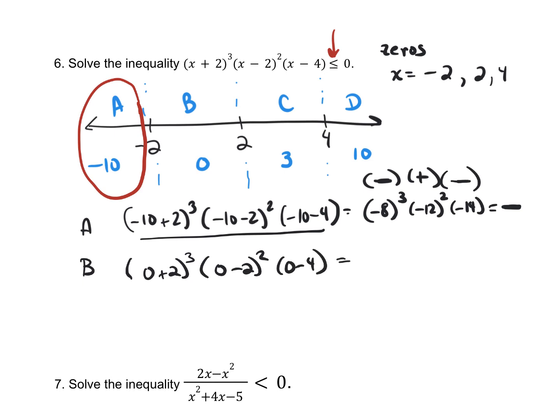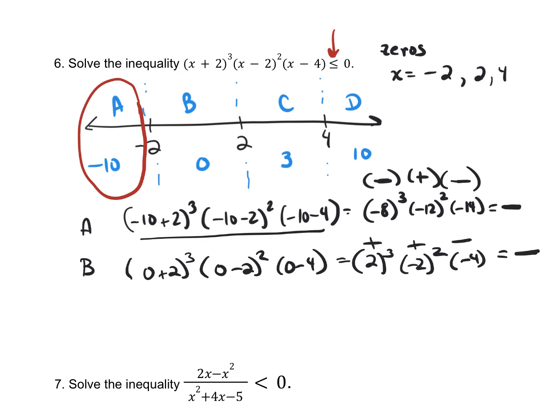So this is going to give me 2 to the third power, which is positive. This is going to give me negative 2 to the second power, which is positive. And then 0 minus 4 is negative 4, which is negative, so this is negative.